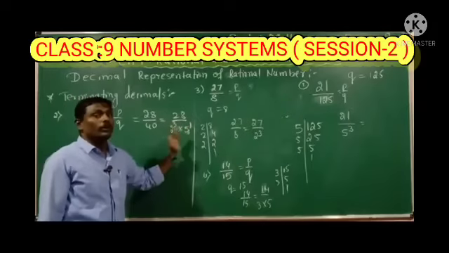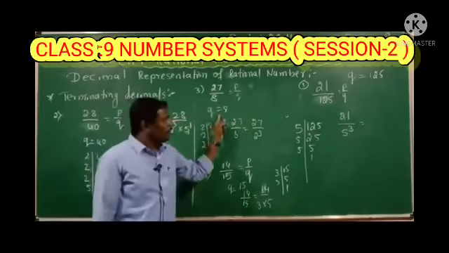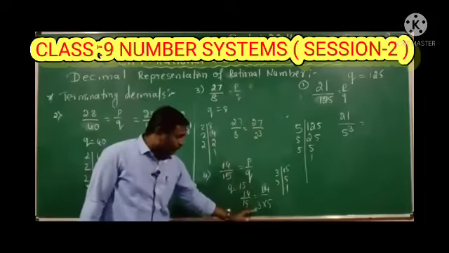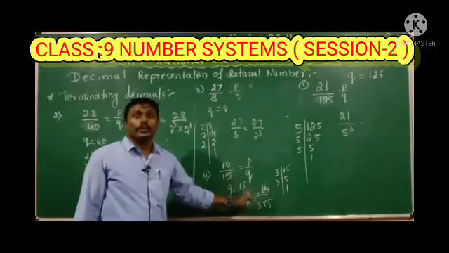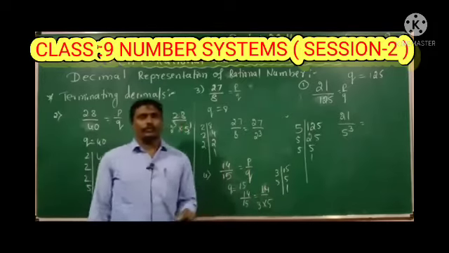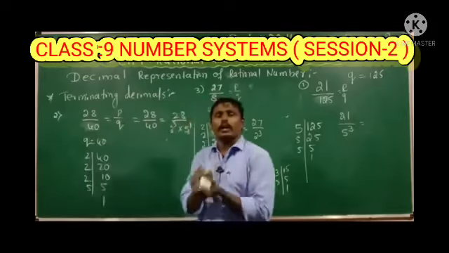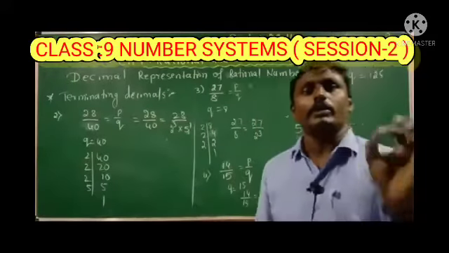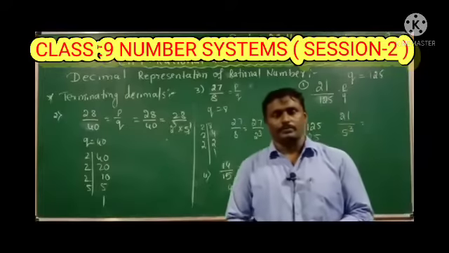In the third example, we are getting 2 cube only. In the fourth example, in the place of the denominator we are getting 3 into 5. So, how can we identify whether the given rational number is terminating or non-terminating?